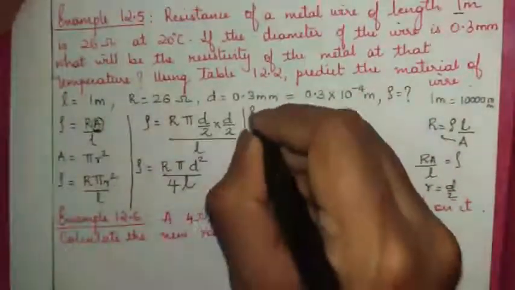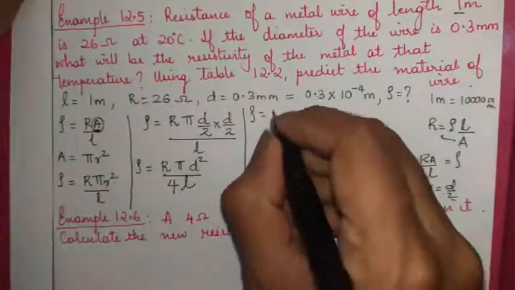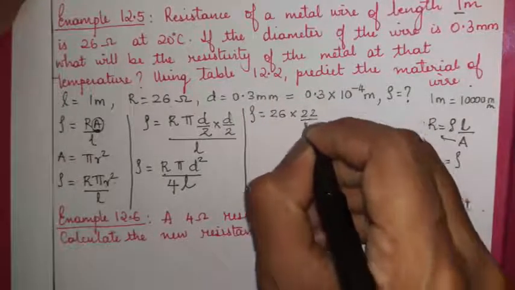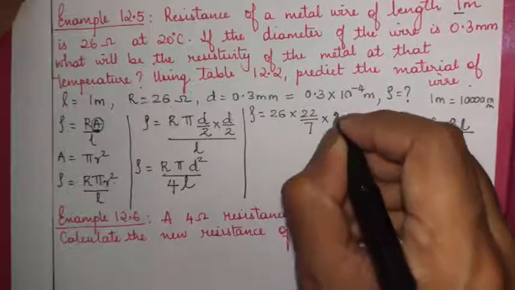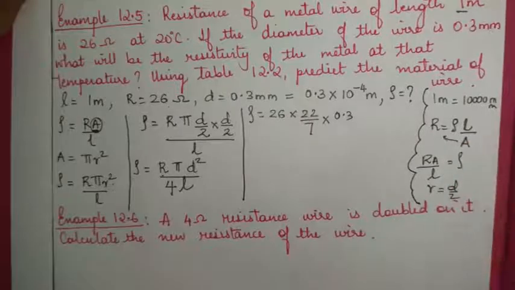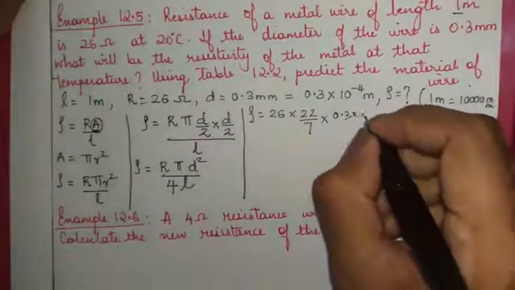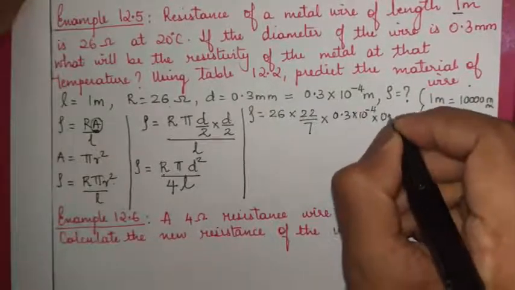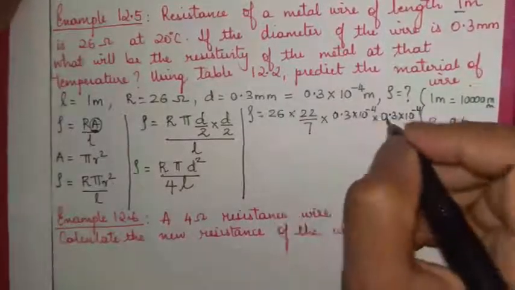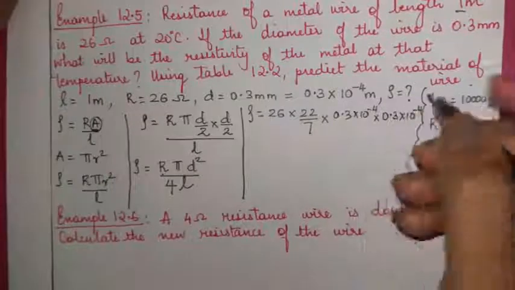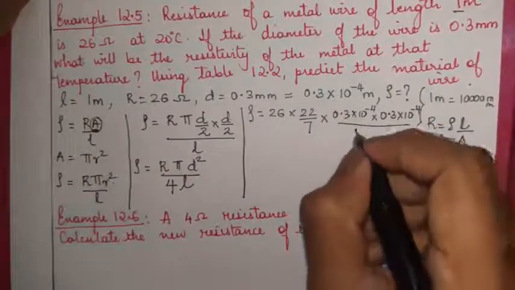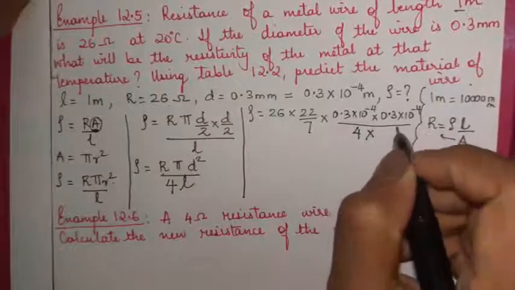So rho is equal to 26 multiplied by 22 upon 7 multiplied by 0.3 multiplied by 10 raised to minus 4, multiplied by 0.3 multiplied by 10 raised to minus 4, because it is d squared, upon 4 multiplied by 1.